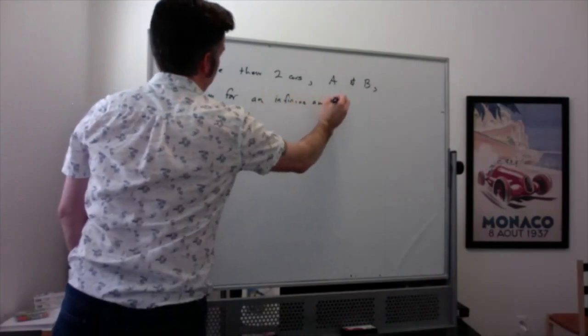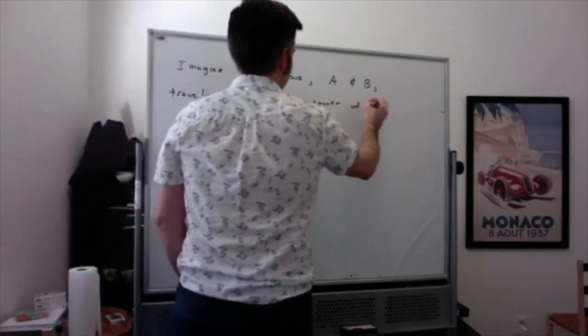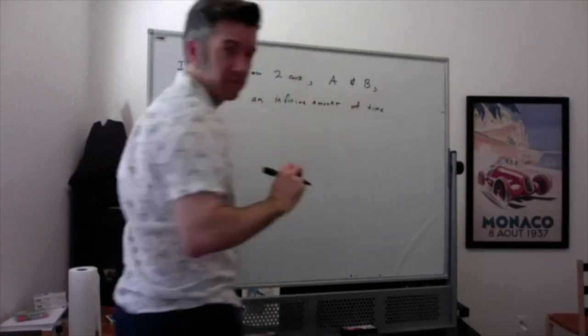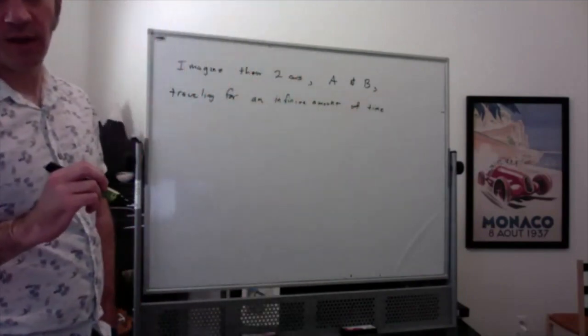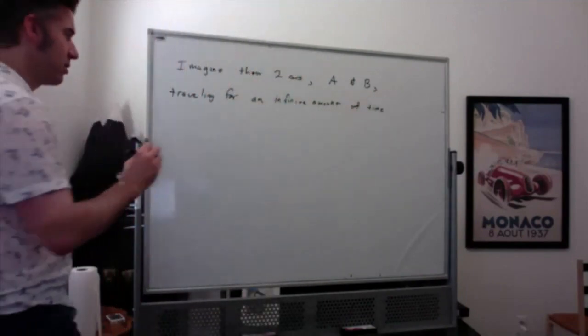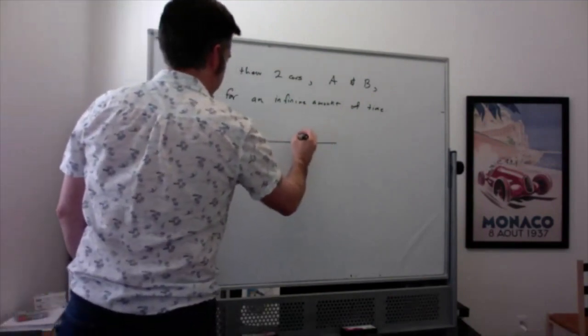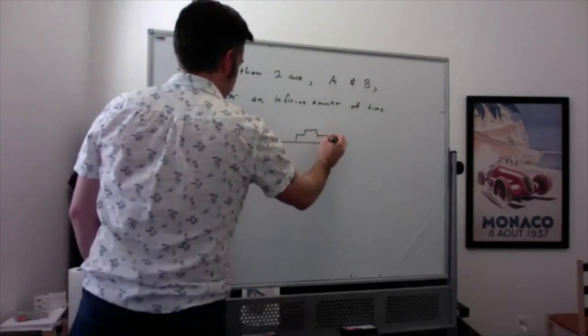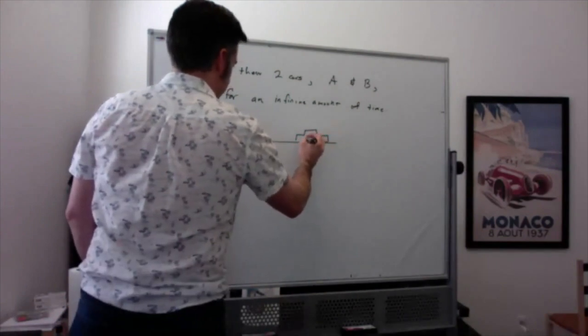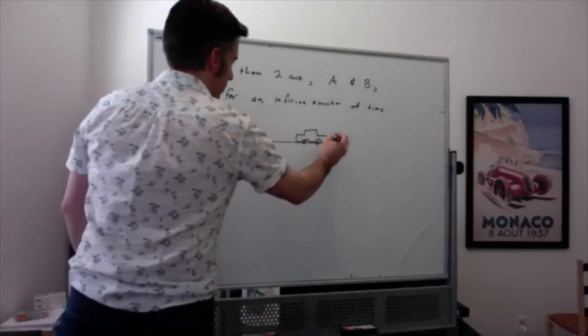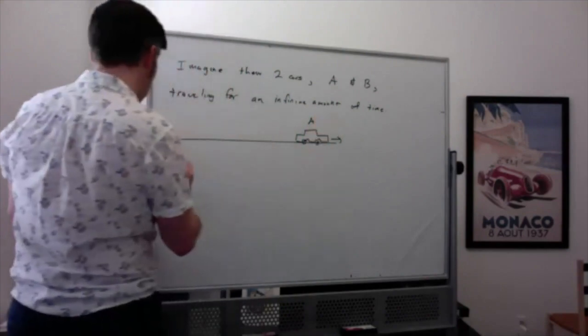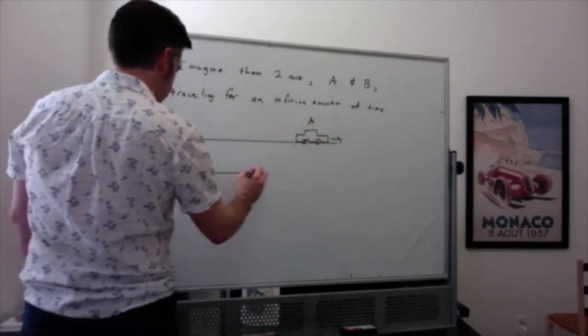Which I know is not for real, but that's why we are imagining. So we've got car A, and I can draw a car, kind of. This is your math teacher car. Here's car A, and here's car B.